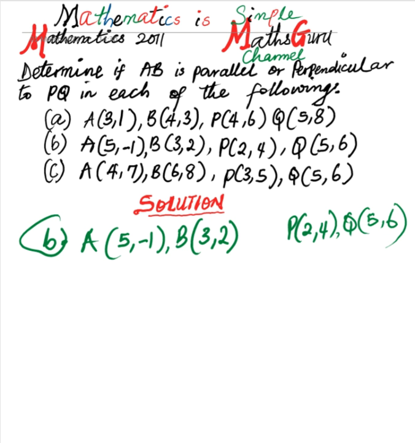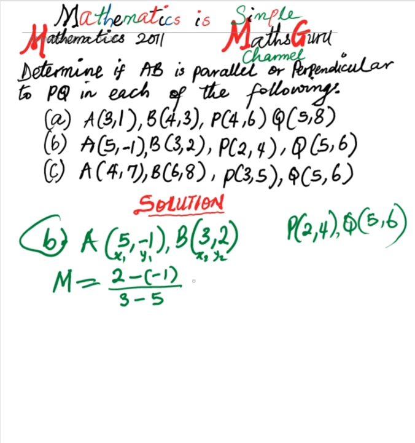Now let's quickly take a look at the slope of AB here. Let the slope be M, which will be equal to the change in y. Now we have y2, y1, x2, x1. y2 minus y1 is equal to 2 minus (-1), this is negative, so we put it in brackets, over x2, which is 3, minus x1, 5.